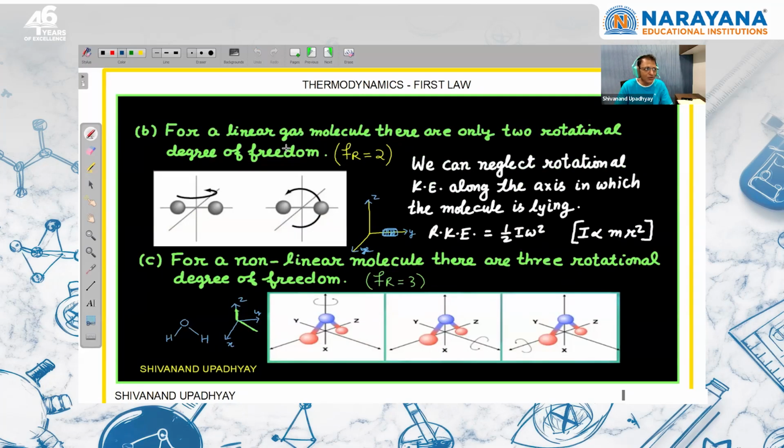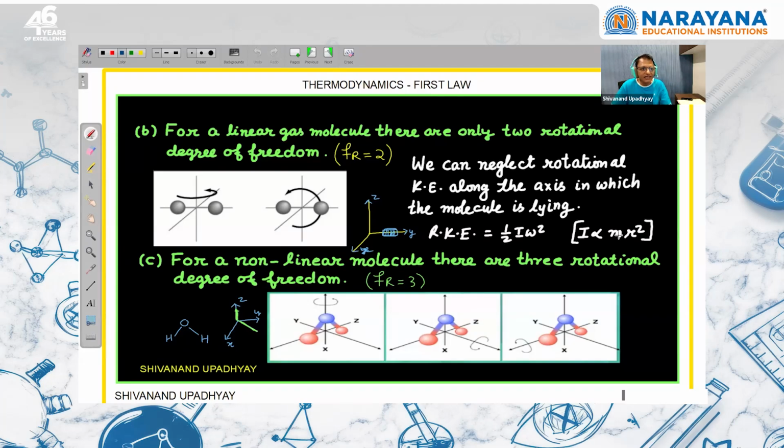When we discuss a linear gas and its rotational degrees of freedom, there are only two rotational degrees of freedom, because if I rotate the gas particle along the axis, the rotational contribution will be zero, since the value of R will be very small. Rotational kinetic energy is equal to half I omega square.